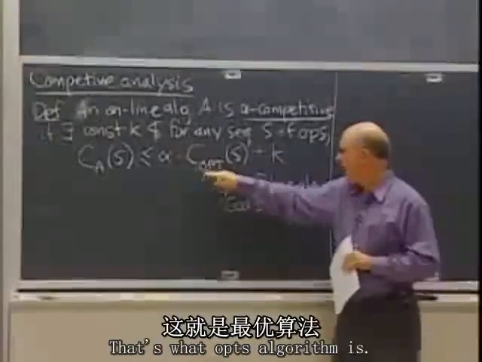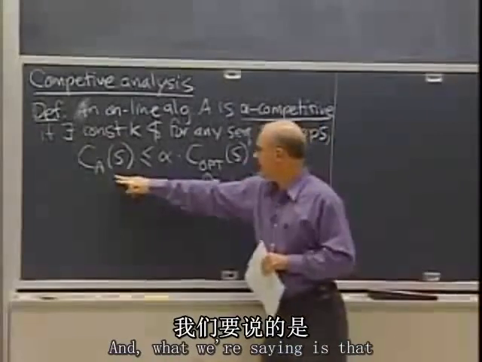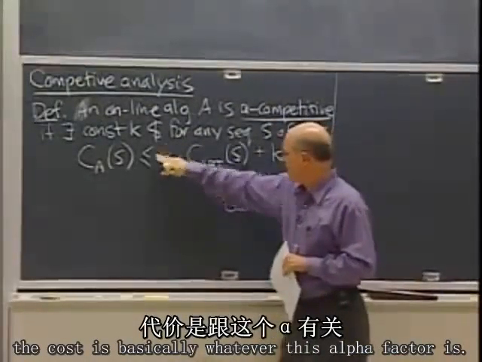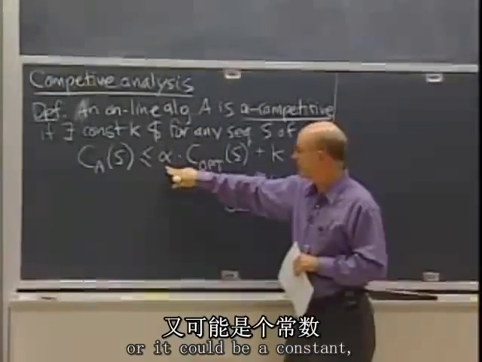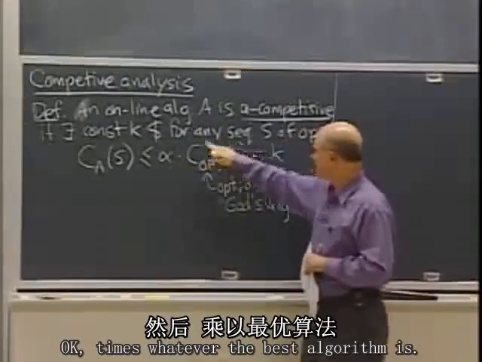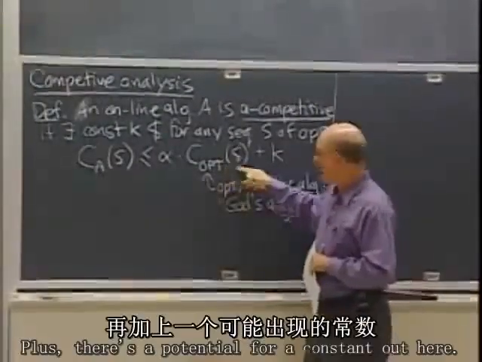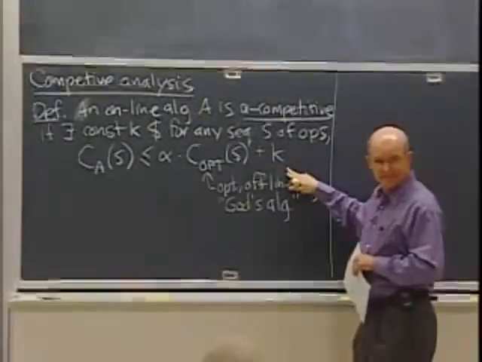That's what opt's algorithm is. And what we're saying is that the cost is basically whatever this alpha factor is. It could be a function of things, or it could be a constant, okay, times whatever the best algorithm is. Okay? Plus there's a potential for a constant out here.